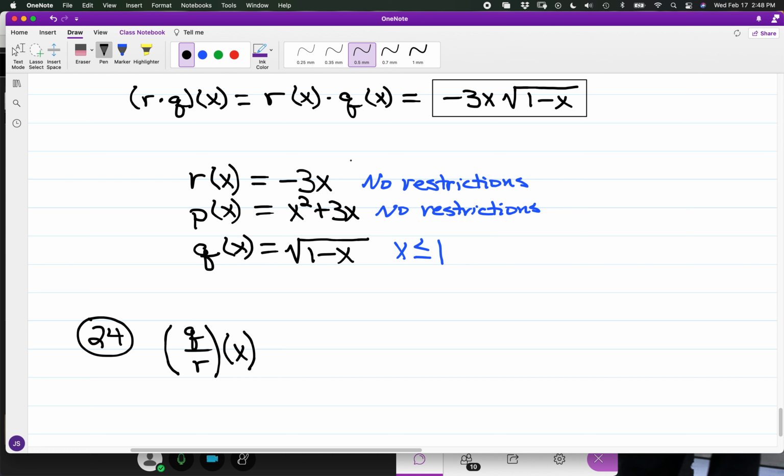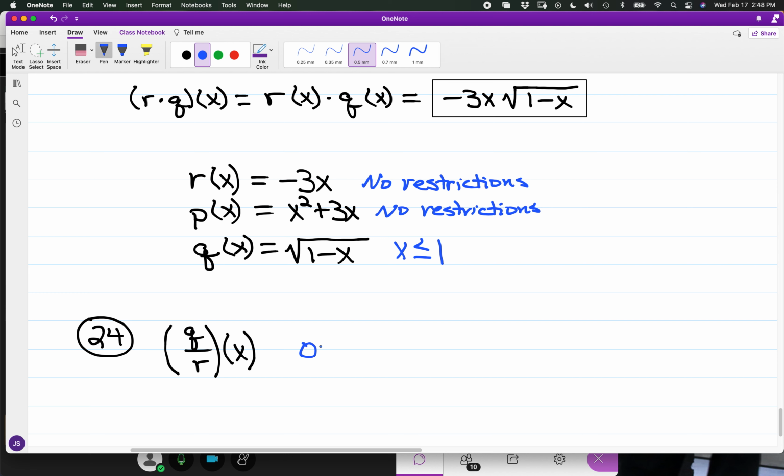R of x has no restrictions. Q of x, we have x is less than or equal to 1. Since I'm dealing with the quotient function, I can't just combine restrictions necessarily to get the domain of the quotient function.